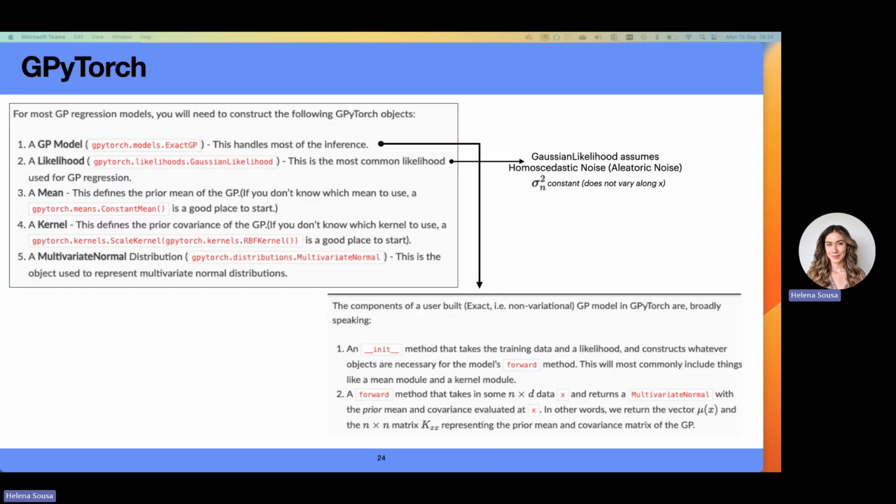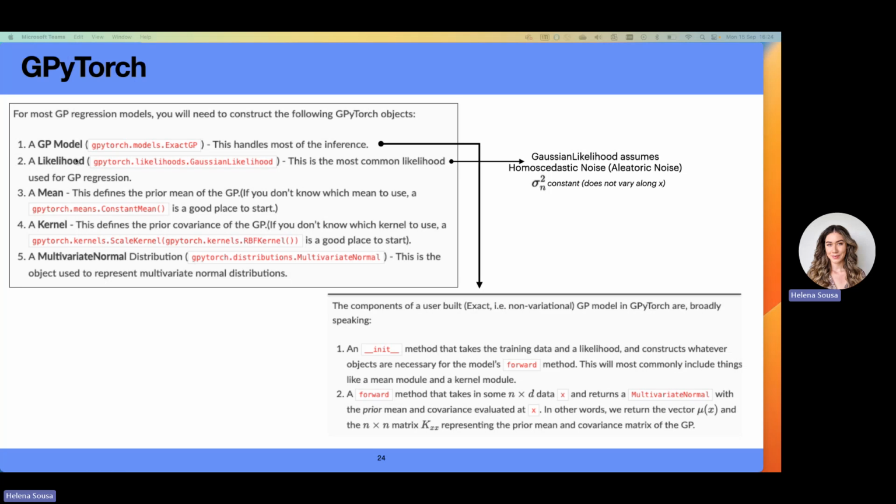Now I'm just going to show a little bit of GPyTorch code and how we can define GPs using this package. Overall, this is the schematic of what we need to define to construct the full GP model. We need an actual GP model, which can be either an exact GP or an approximate GP.